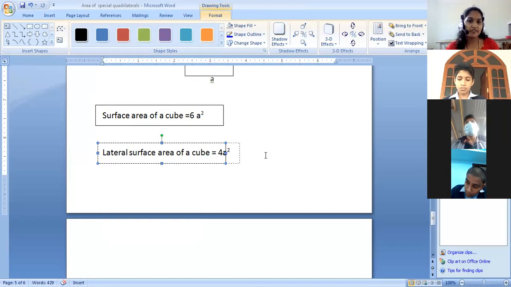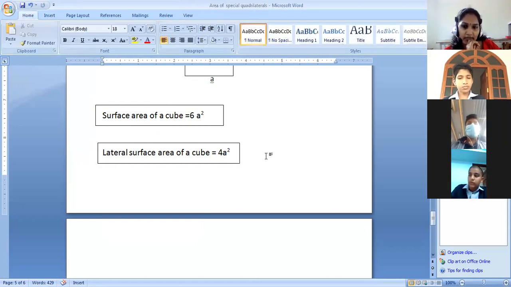And lateral surface area of a cube is equal to 4A square. That you have to write in your notebook.